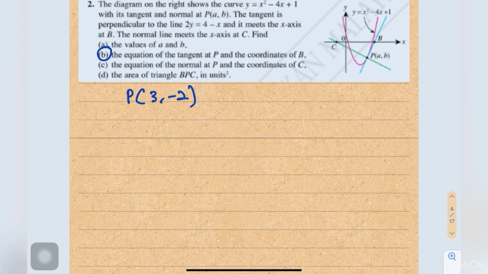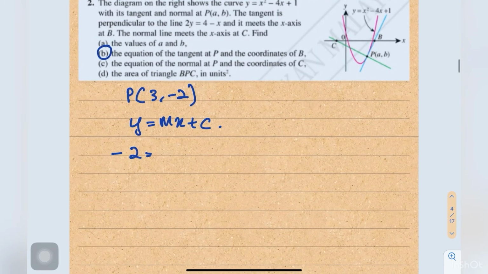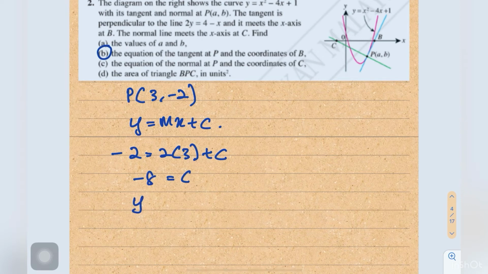We substitute: y is -2, m is the gradient of tangent, which is 2, x is 3, plus c. So c equals negative 8. So therefore equation of tangent is y equals 2x minus 8.